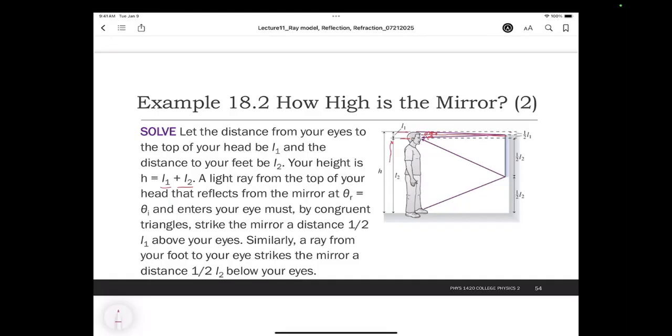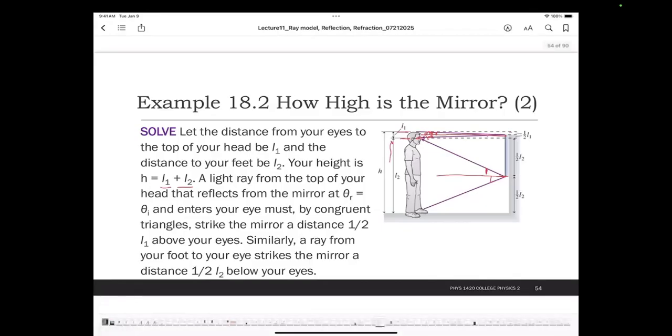Similarly, a ray from your foot to your eye strikes the mirror, you can see here, and this angle and this angle will be the same. The distance from here to here should be half L2. Am I right?